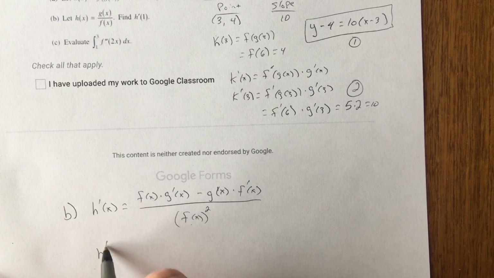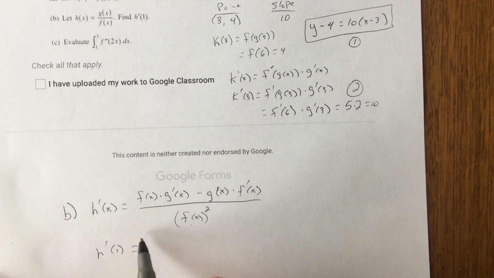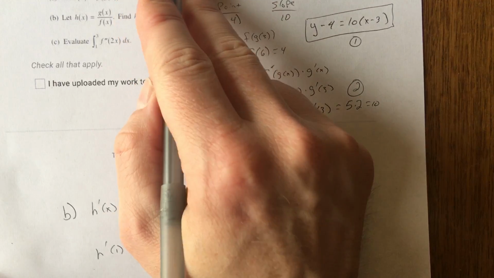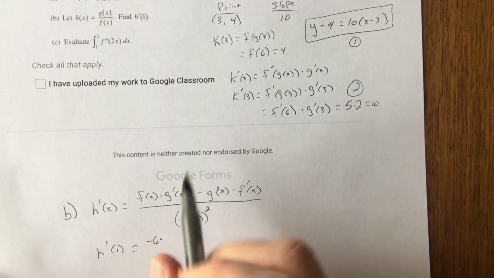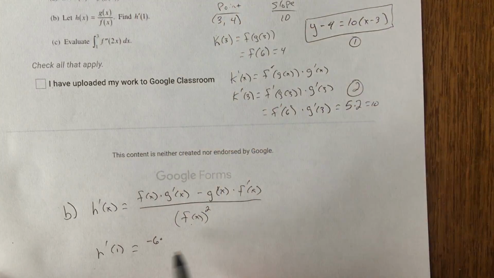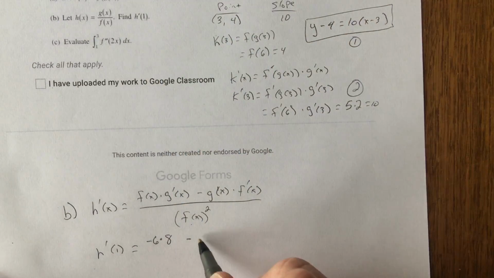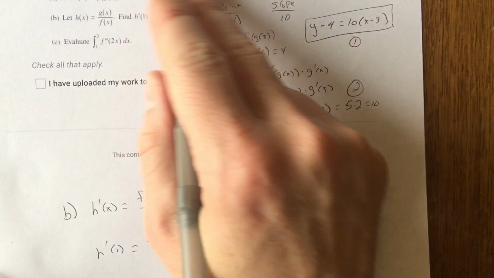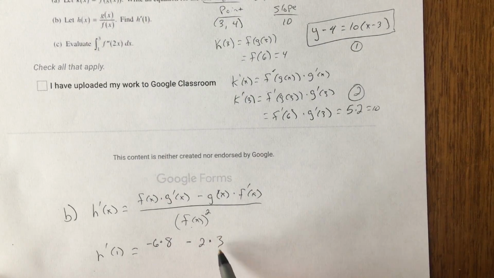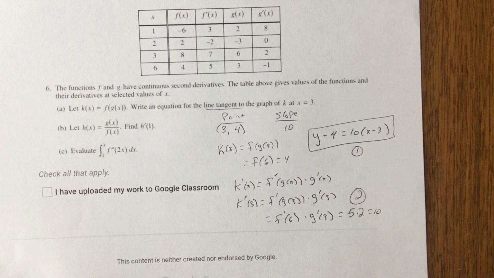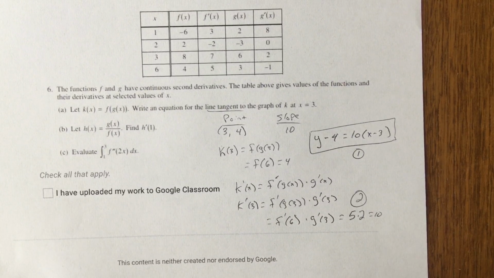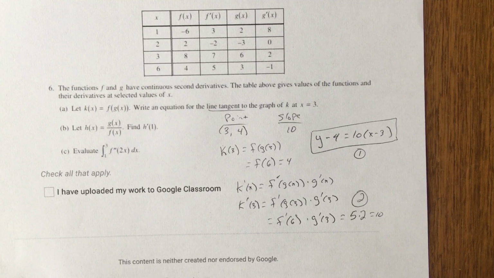Now, h prime of 1 would be f of 1, which is negative 6, times g prime of 1, which is 8, minus g of 1, which was 2, times f prime of 1, which is 3. I'm sorry, I'm pointing to something I'm not showing you here. Divided by f of 1, which is negative 6, squared. This is going to give us negative 48 minus 6 over 36.